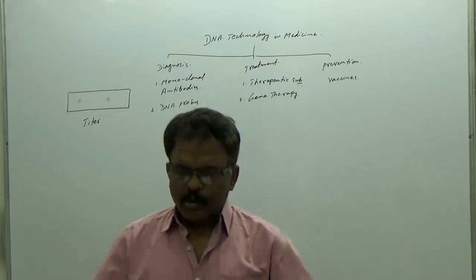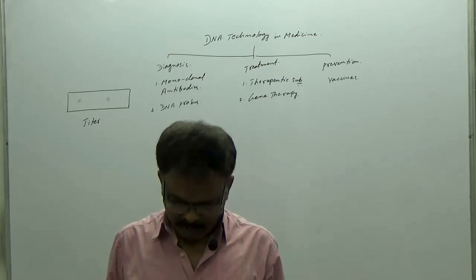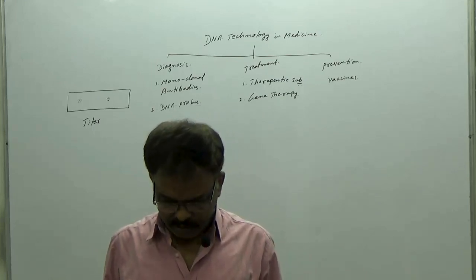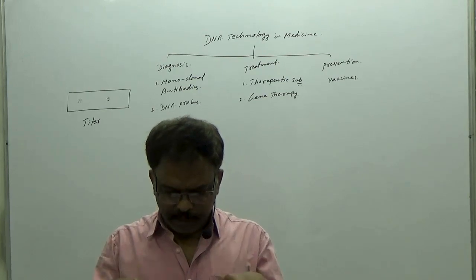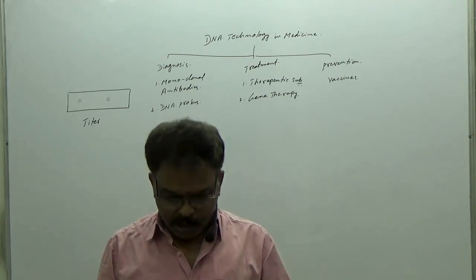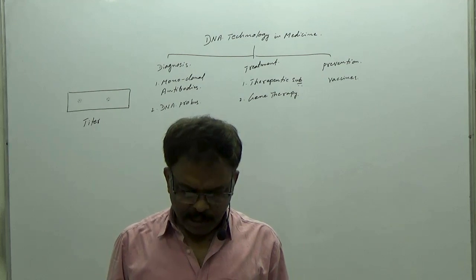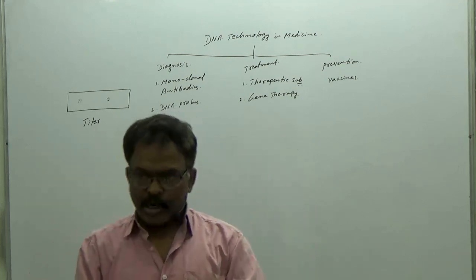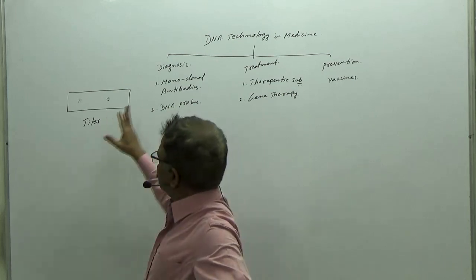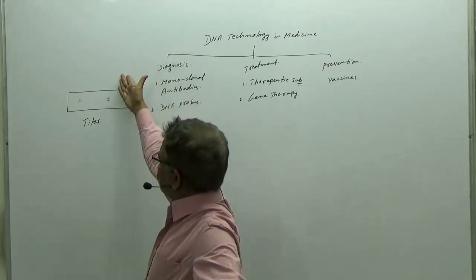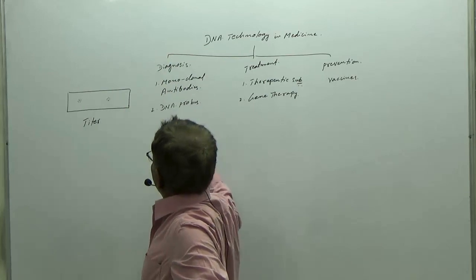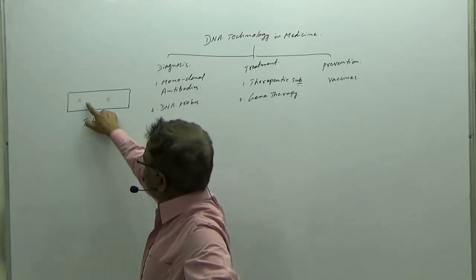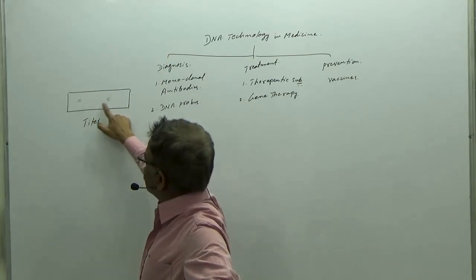Not HIV, say cholera or typhoid. When typhoid microorganisms enter our body, our body produces antibodies. They extract that antibody producing gene, then from the antibody producing B cell they produce monoclonal antibodies, and those antibodies are fixed here.